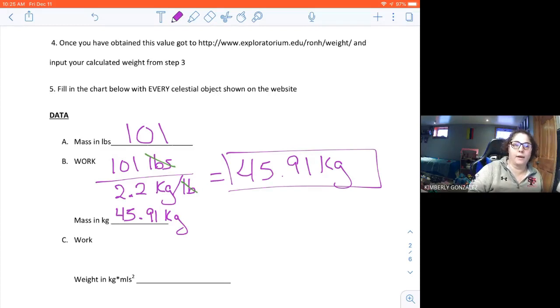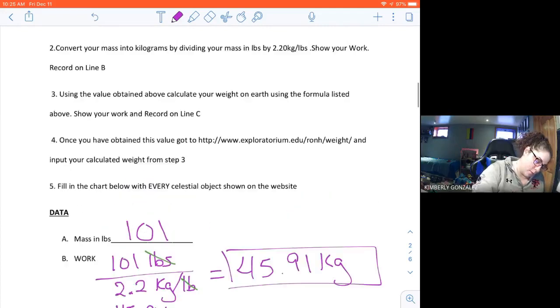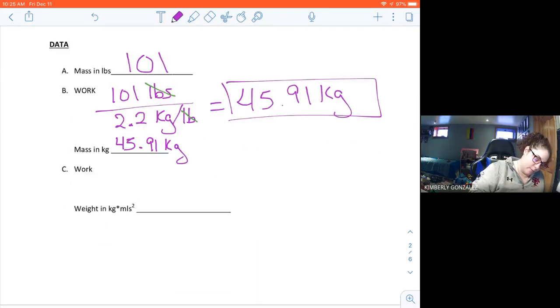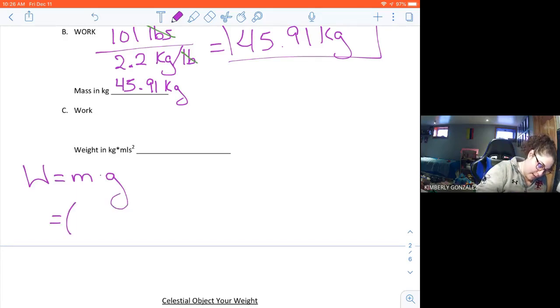Did everybody get their mass in kilograms? Yes, no, maybe. Okay, now we're at step 3 here. It says, using the value obtained above, calculate your weight on Earth using the formula listed above. So I'm going to write it down here because there's just more room. This is when you take W equals M times G, right? My mass, you're going to put your mass here.